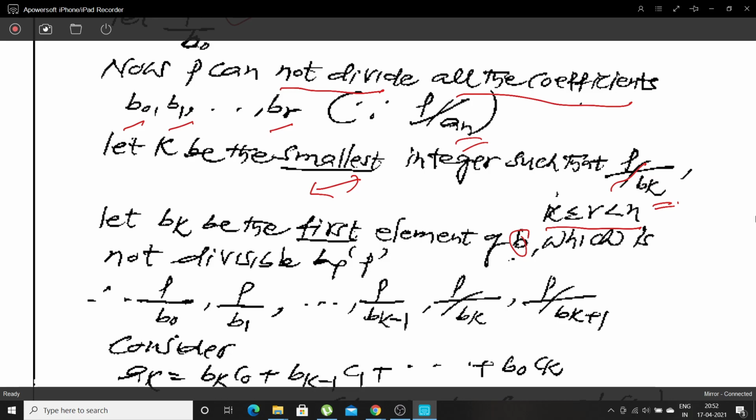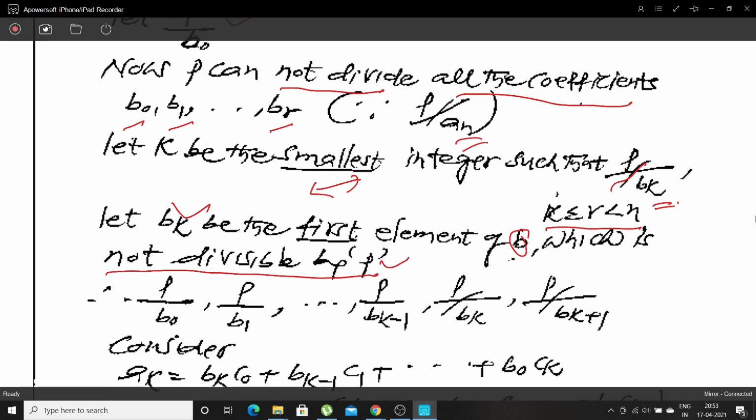Out of that, bk is the first element which is not divisible by p.